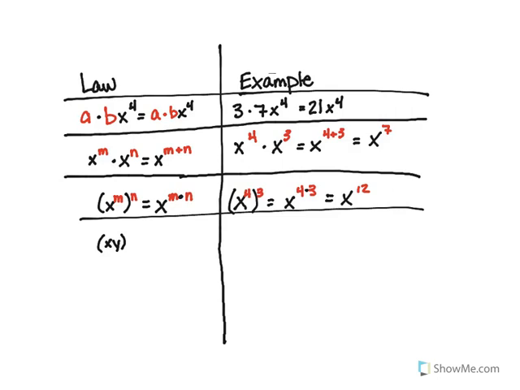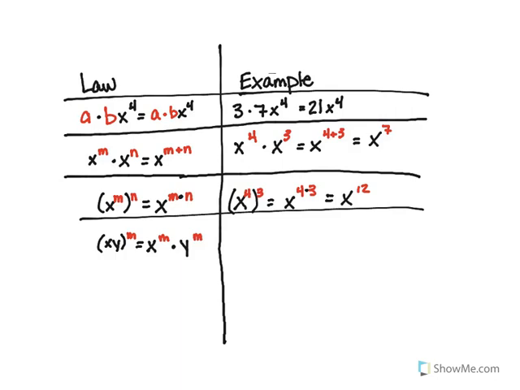But the point is we have more than one thing. We have an exponent on the outside. That means we have to almost kind of distribute that. So we're going to have x to the m times y to the m.